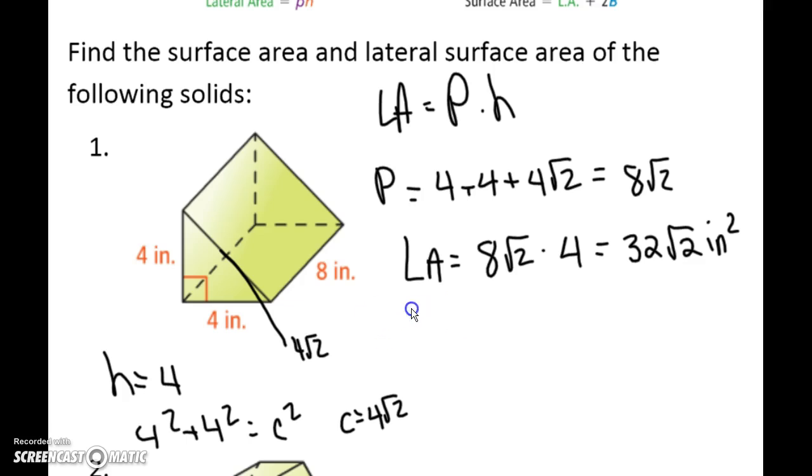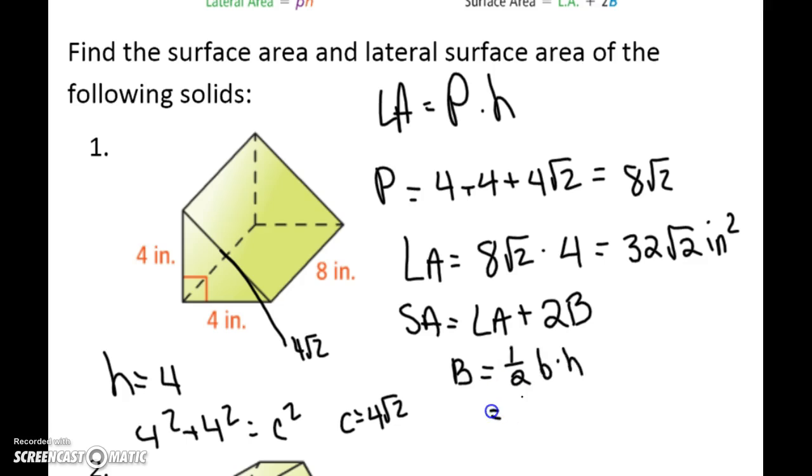Now, if I want to get the surface area, that's equal to the lateral area plus the area of the base times 2. So the area of that base is a triangle. So I'm going to use the area of a triangle to find capital B. 1/2 base times height. That gets me 1/2 of my base is 4.